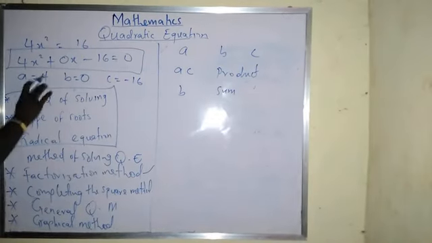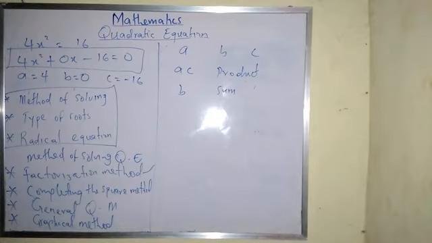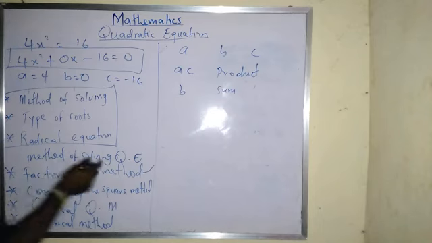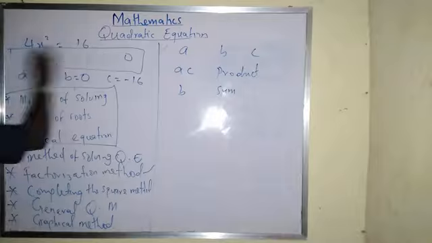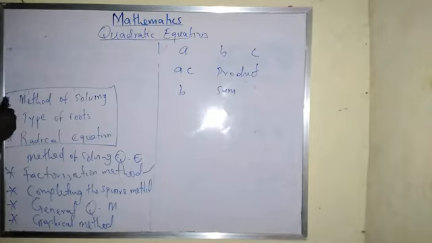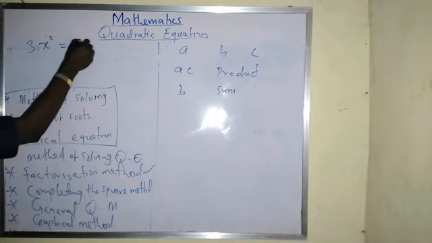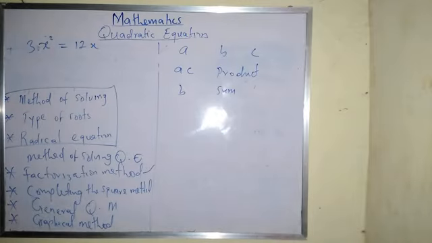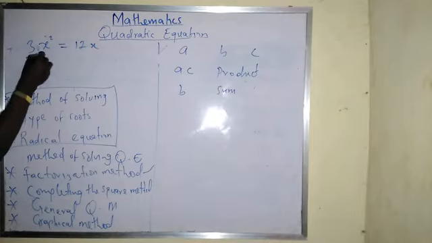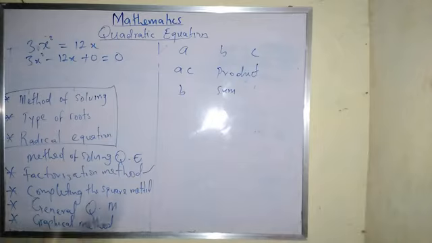That's very, very important because I'm looking at the write-up I have here, and I have another one. If a question is in this form, let me show another one just to understand this concept very well. If I have a question this way, 3x squared equals 12x, I can as well write this as 3x squared minus 12x plus 0 equals 0.